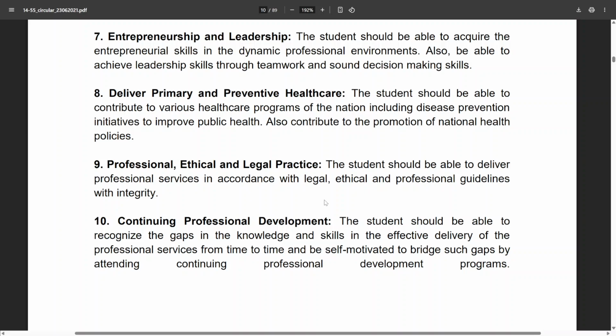Deliver primary and preventive healthcare. The student should be able to contribute to the various healthcare programs of the nation, including disease prevention initiatives to improve public health. Also contribute to the promotion of national health policies.